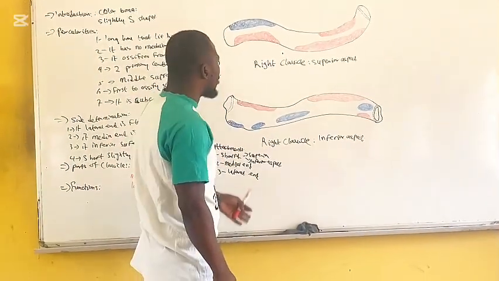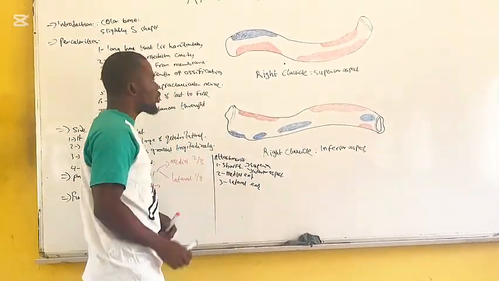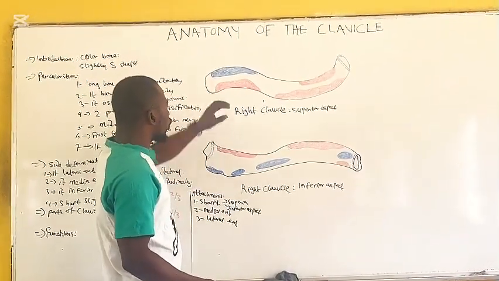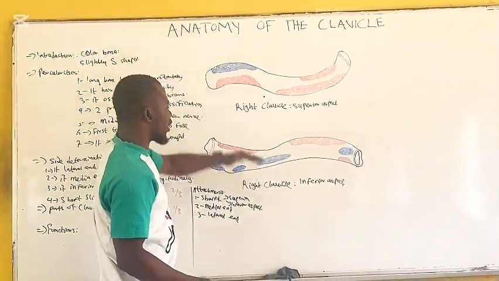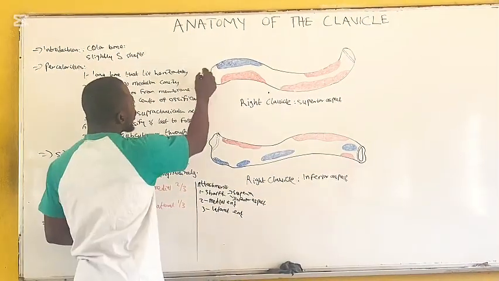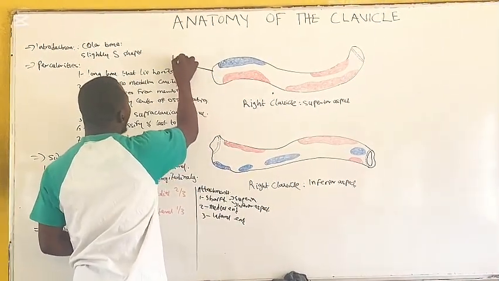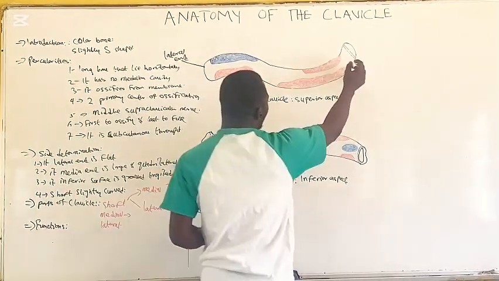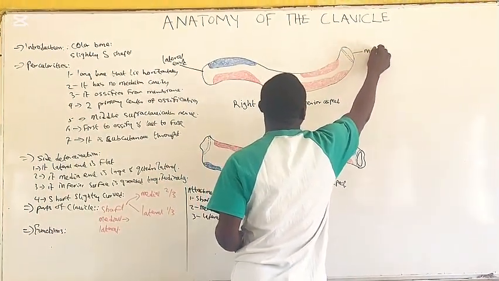Coming down to this diagram, these are the attachments on the clavicle. This is the right clavicle, the superior view of the right clavicle and the inferior view of the right clavicle. So this is the lateral end, and the medial end.